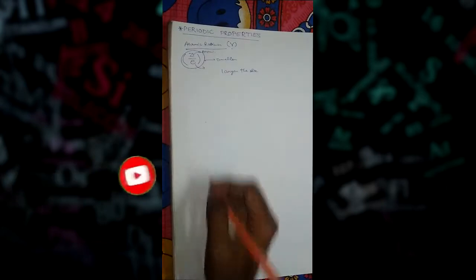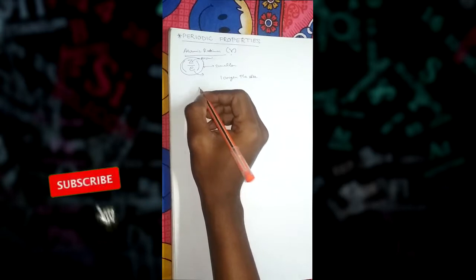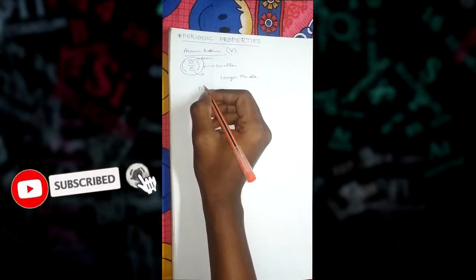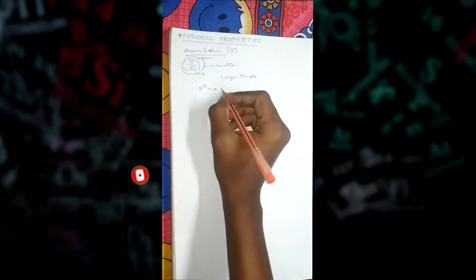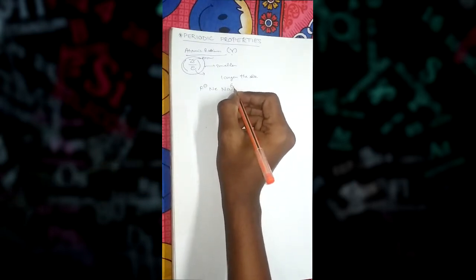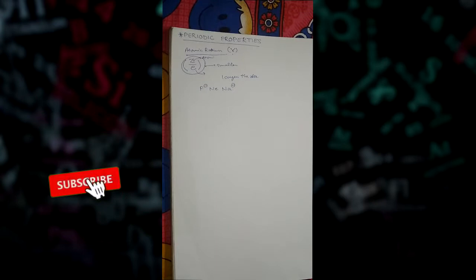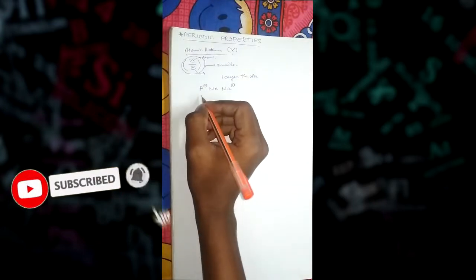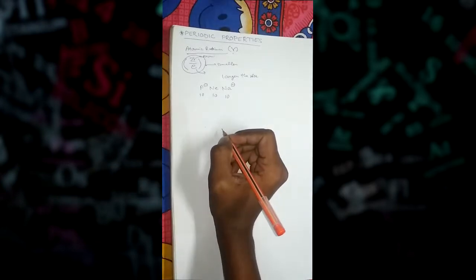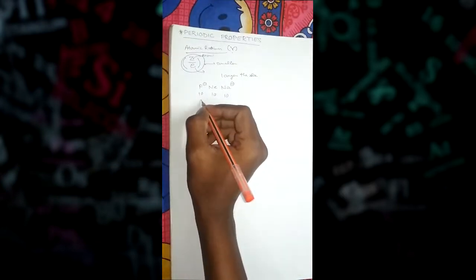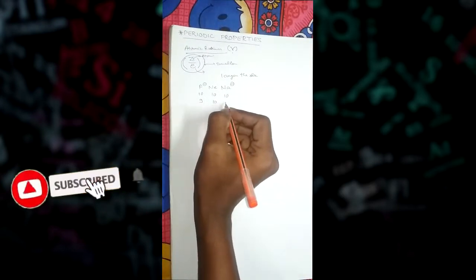now let's take some example of it. Like we are having F minus, Ne, Na plus. Now if we calculate the electrons, we will get 10, 10 and 10, and if we see their atomic number, it is 9, 10 and 11.